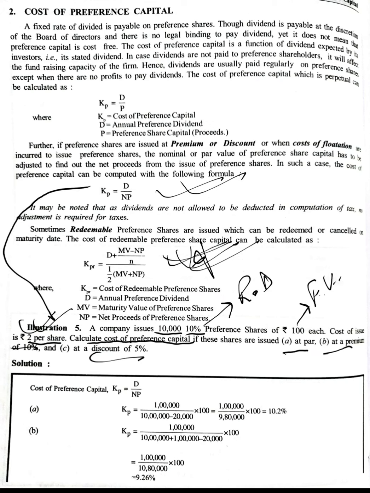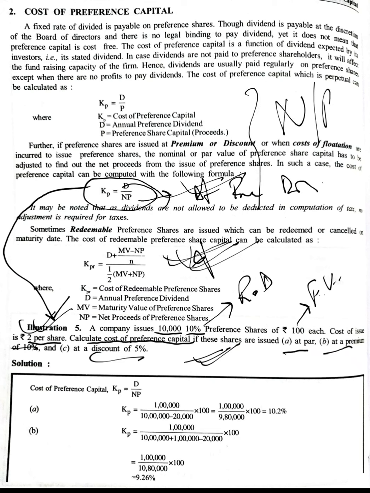We are discussing this one first because we are talking about at par, then premium, then discount. Here nothing is mentioned regarding repayment, so we are discussing the non-redeemable one. If they say repayable, then these two formulas will not work. We have to deal with the other formula, remember.